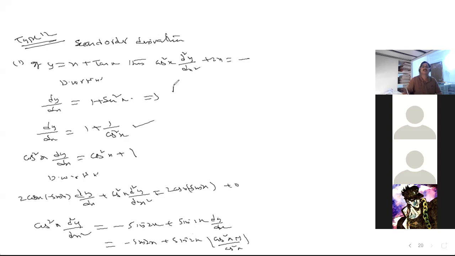We can differentiate. वेरी नाइस, 2 secant x, secant x tan x. d स्क्वायर y बाई dx स्क्वायर, यहाँ पे कितना होता है देखो, 2 tan x है ना, secant square x.